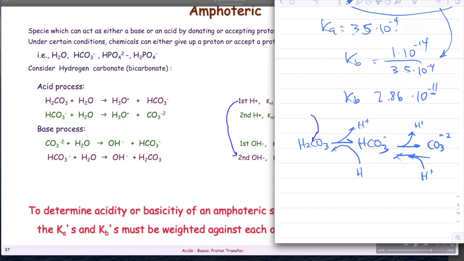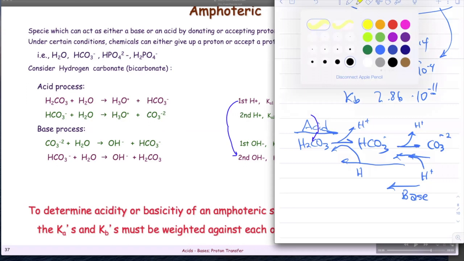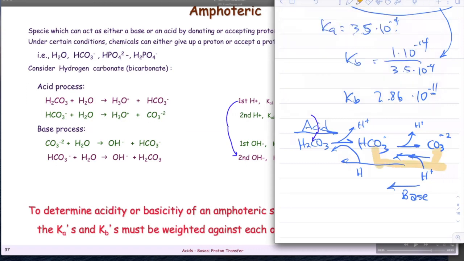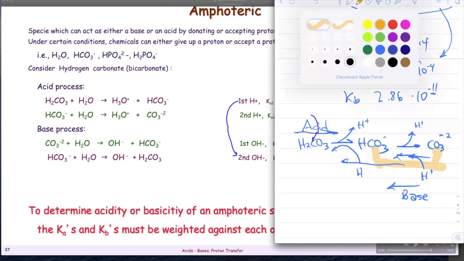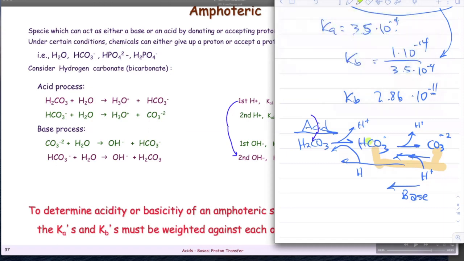So in one direction, it loses hydrogen. In the other direction, it picks up hydrogen. So this is the acid process in which it donates a hydrogen. This is the base process in which it accepts a hydrogen. These two right here are conjugate pairs. Why? Because they differ by a hydrogen. These two right here are also conjugate pairs. Why? Because they differ by a hydrogen.